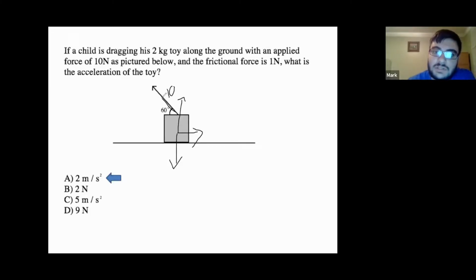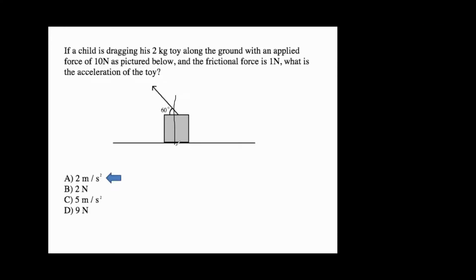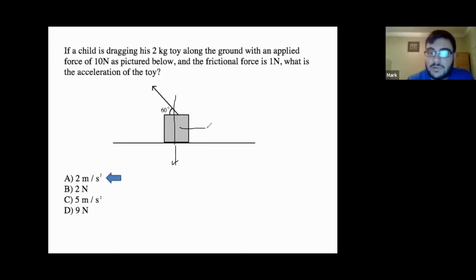But this arrow represents an applied force, right? It was the only force it could be. It couldn't be normal force because normal force is always perpendicular to the ground, gravity is always down, and friction always opposes movement. Does that make sense?